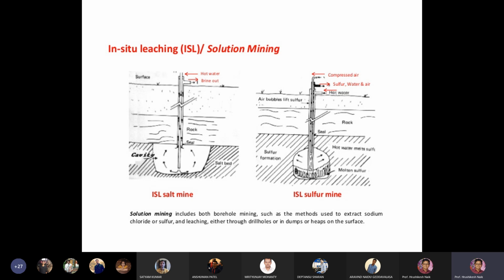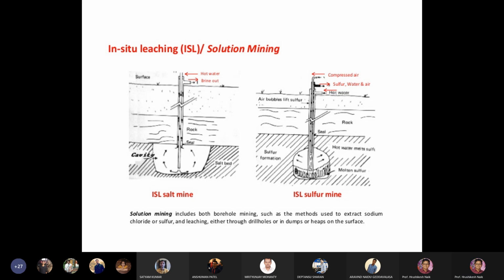Here is the in situ leaching sulfur mine. This was the in situ leaching salt mine, and this is the in situ leaching sulfur mine. This is the sulfur deposit, the sulfur formation. Through one pipe, compressed air is sent down the hole to this cavity.